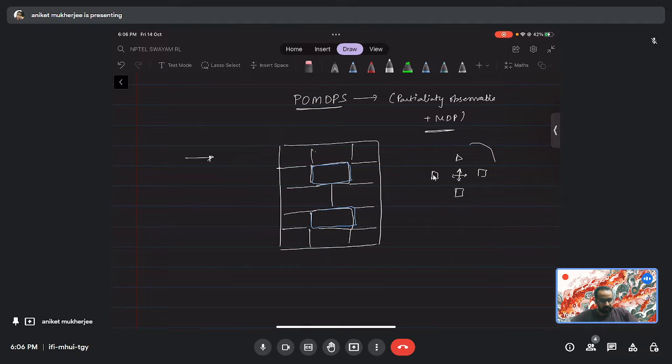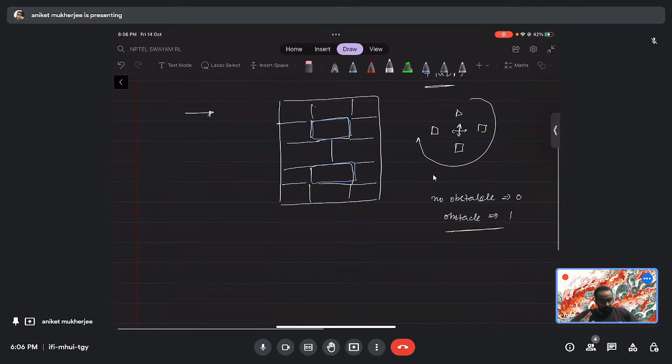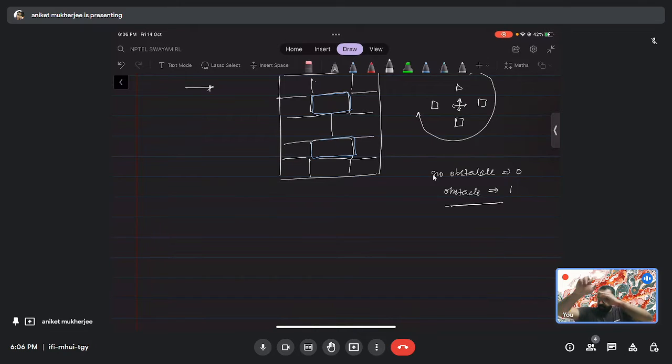And you could classify it with a four-dimensional state: if there is no obstacle, then you mark it with a 0. If there is an obstacle, then you mark it with a 1. So that whole thing is there.